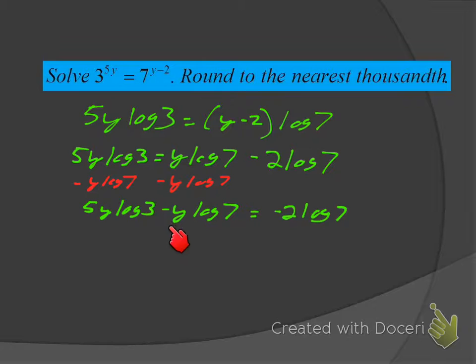So we need to figure out how to turn these 2 variables with a subtraction in between their 2 terms into 1. Do you divide by 5? Not quite. It starts with an F. Factor what? 5y log 3 and y log 7. Factor it how?